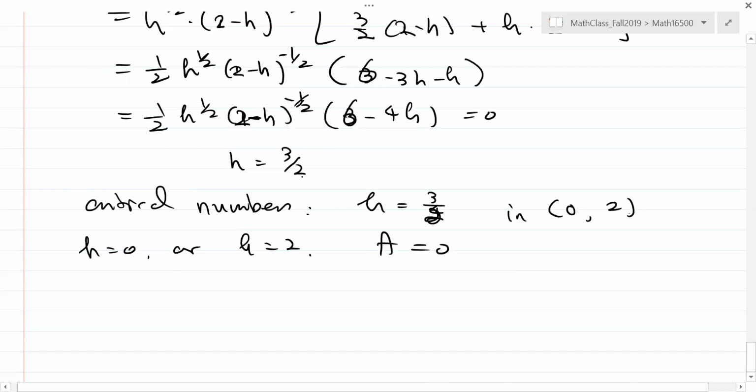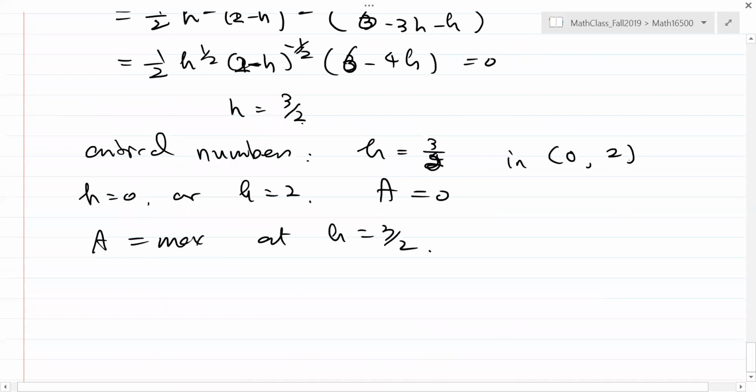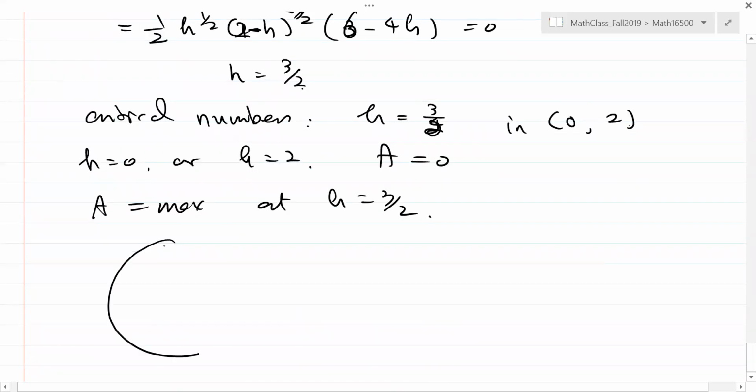That's why the area is going to be maximum at h equals 3/2. Okay, so that is a picture. So you find the dimension, and for the triangle here, this is going to be 3/2.